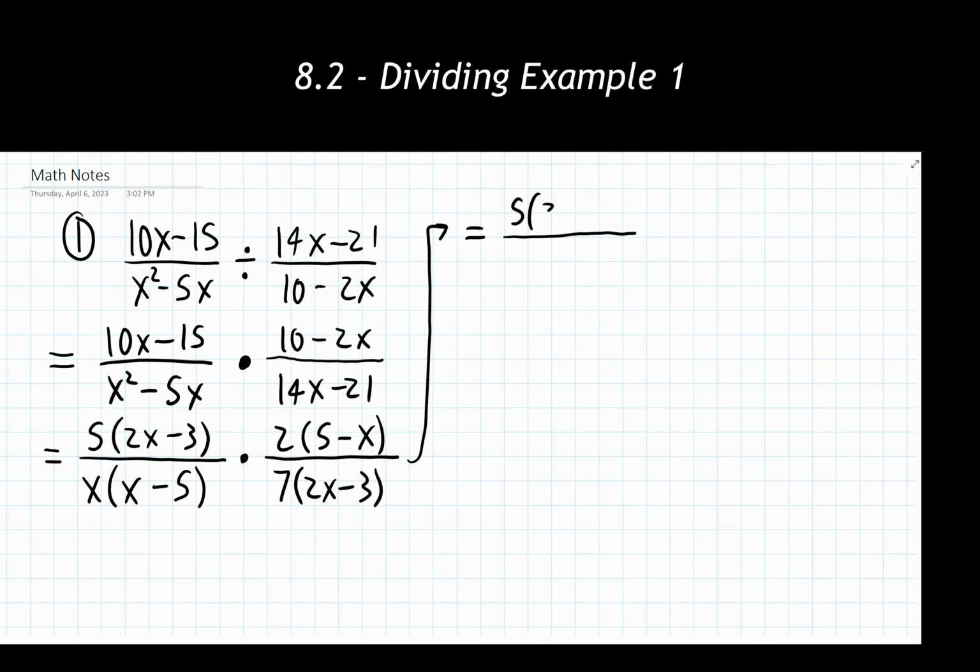It's still 5 times 2x minus 3 over x times x minus 5. But all I'm doing is factoring out a negative 1 from the numerator of the second rational expression. So that 2 becomes a negative 2, and everything in the parentheses just changes signs. The negative x becomes a positive x. The positive 5 becomes a negative 5. That's all that we changed.